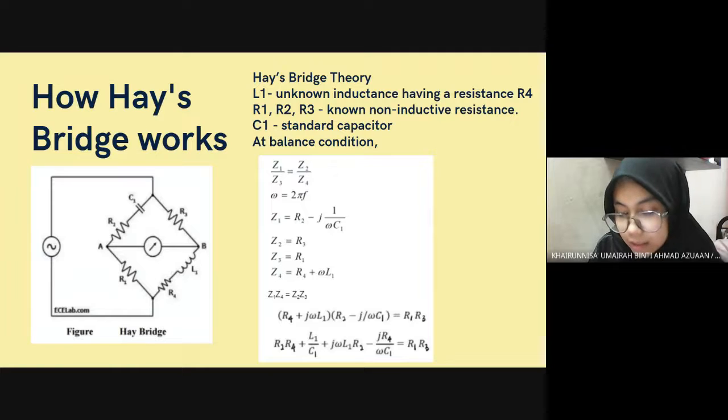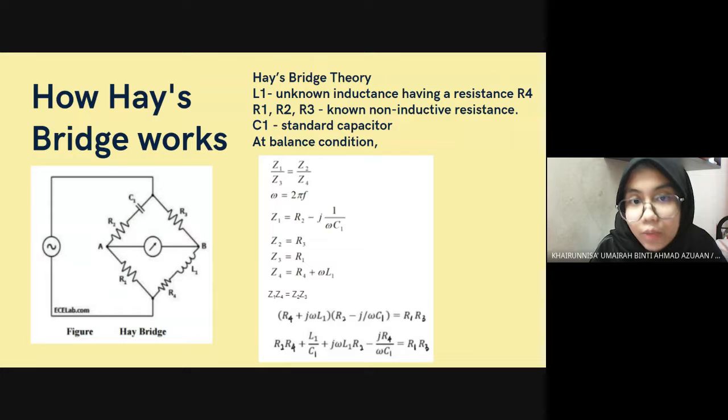Balancing the circuit means adjusting R2 and C1 until the current through the ammeter or galvanometer between points A and B becomes zero. This happens when the voltage at points A and B are equal. Here is the formula according to Hay Bridge theory that we must obey to obtain the unknown values.